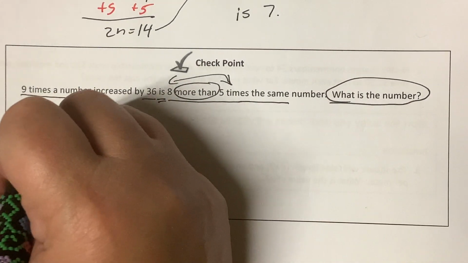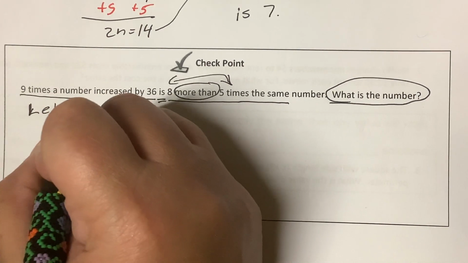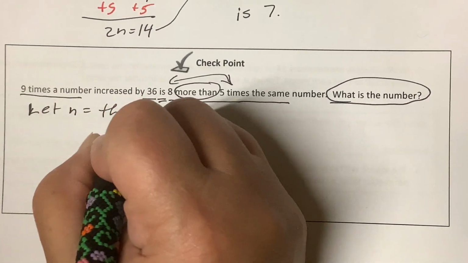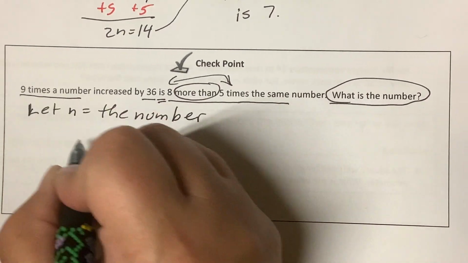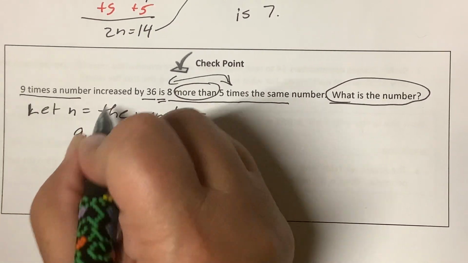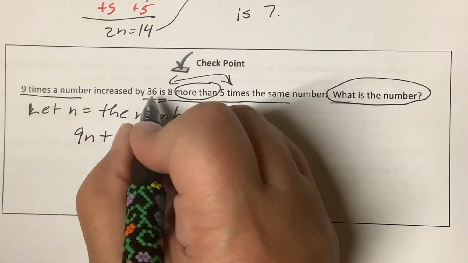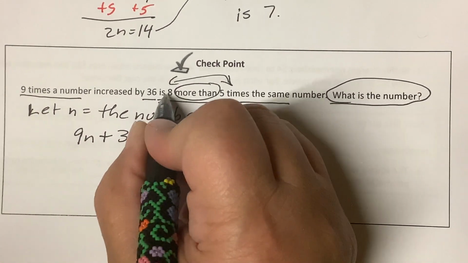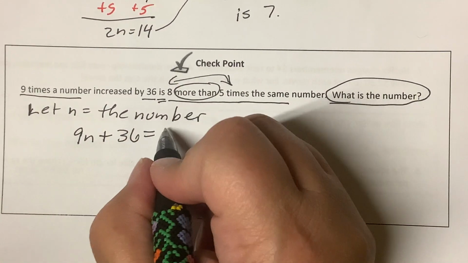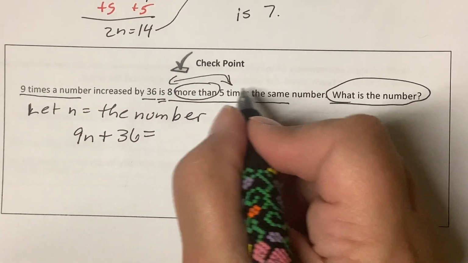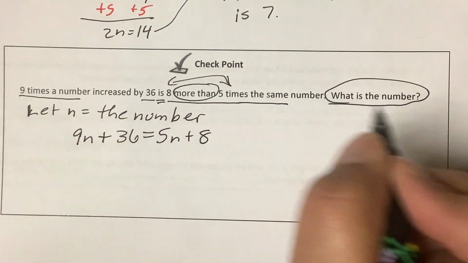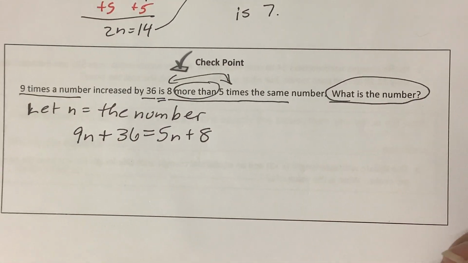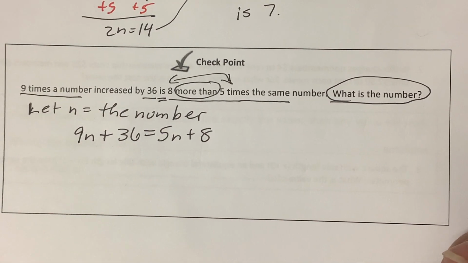Let n equal the number. 9 times the number, 9n, increased by, plus 36, is 8 more than, I have to switch it, 5 times the number, 5n plus 8. I'm going word by word when I write my equations.